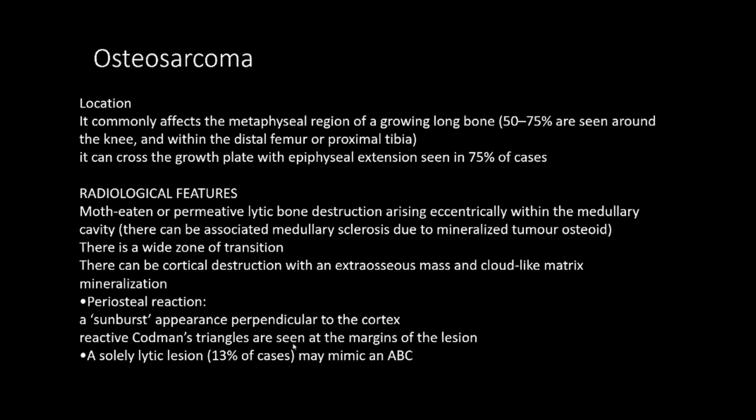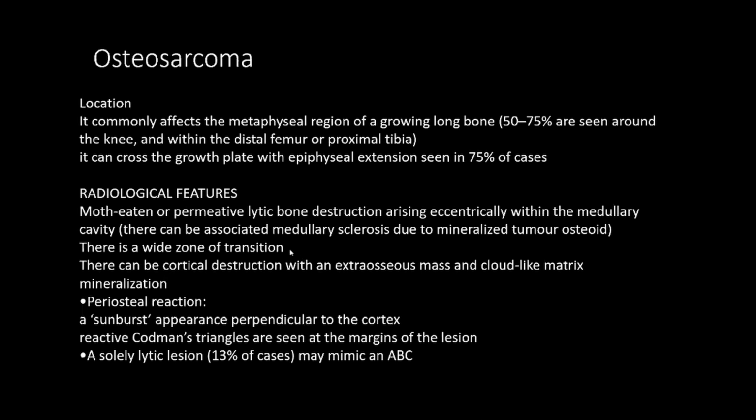The pattern of invasion of the bone is a permeative lytic lesion or moth-eaten appearance. So if we build our opinion based on what we said in the beginning of the lecture, this is a high grade or very aggressive lesion according to the pattern of growth.